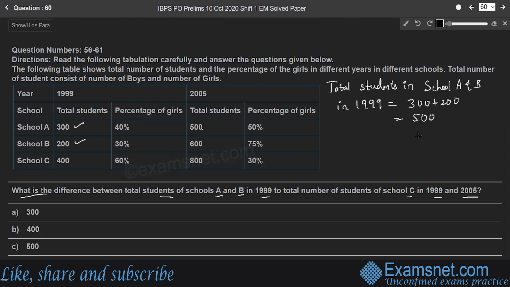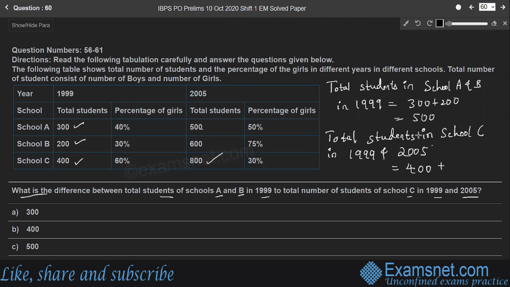Whereas total students in school C, only in school C, but in different years, in the year 1999 and 2005, together in these two years. So in 1999, there are 400 students in school C. In 2005, there are 800 students.